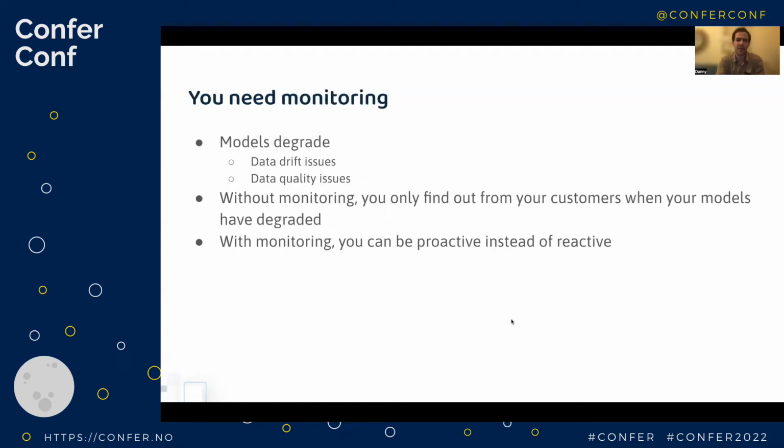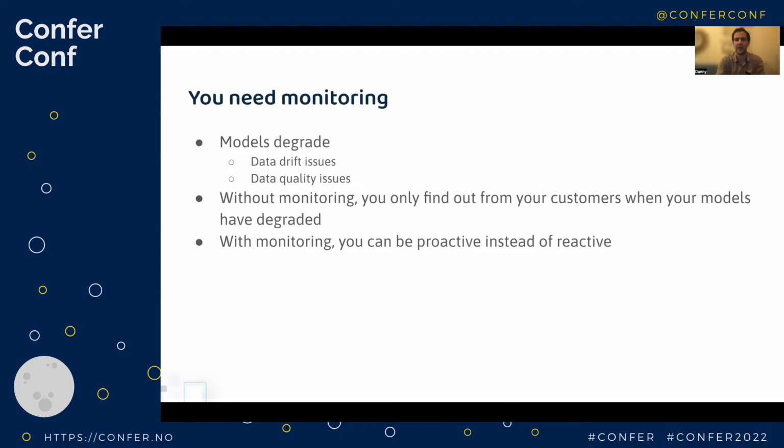So let's start off by setting some ground truth, and that is that models degrade, right? You need machine learning monitoring because over time, machine learning models deployed in production get worse. They get worse primarily for two different types of issues, both issues related to data. One is a data drift issue, and this is talked about pretty extensively in the MLOps industry and in data science, right?